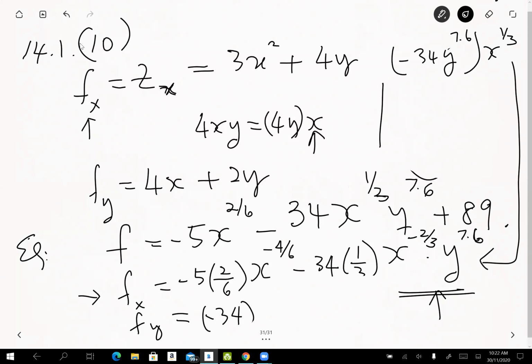So you got negative 34 multiplied with the x to the power of 1 over 3, and then you take the derivative with respect to the y.